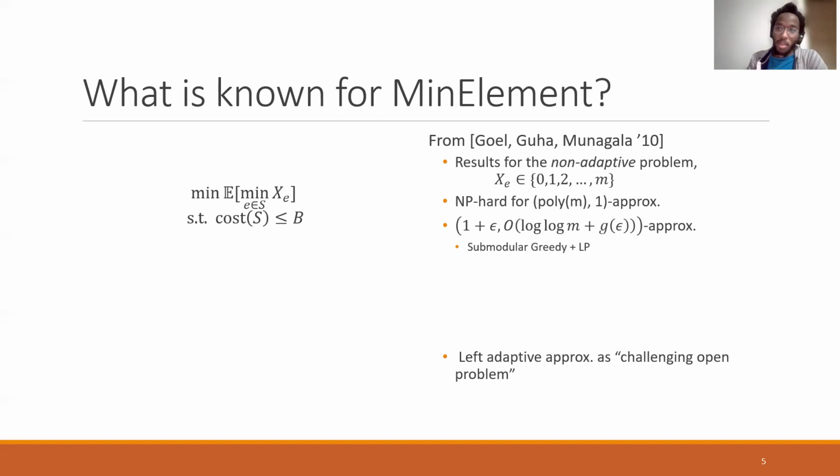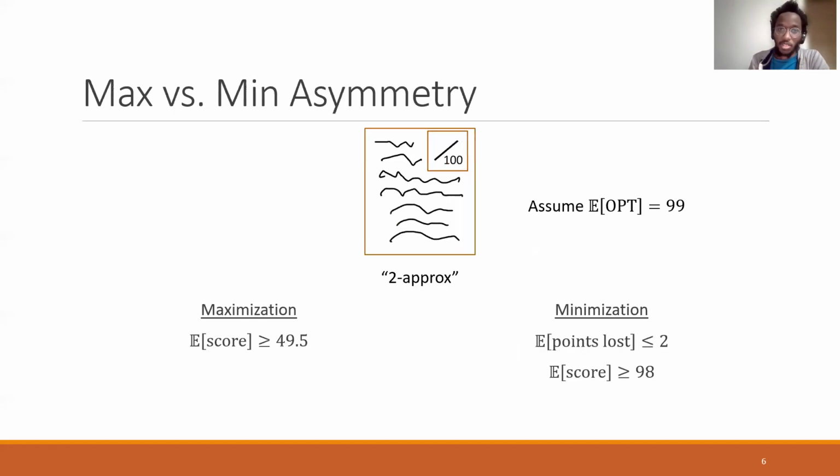So what about this problem is so challenging? Why is it a desert? Well, one possible reason is that there's an asymmetry in what we're asking for when we ask for approximation algorithms for maximization versus minimization. As a good example, let's look at taking a test. Let's say this test is out of 100 points, and assume the optimal you can get in expectation is 99 points.